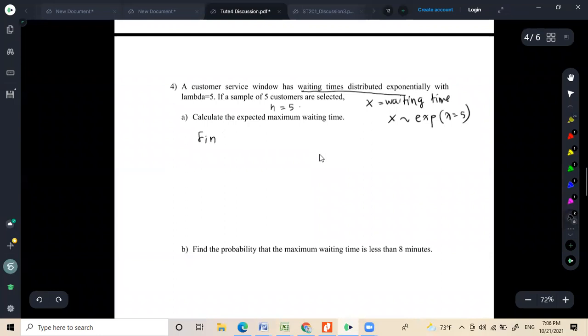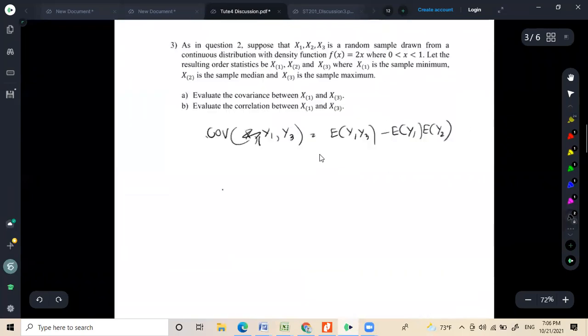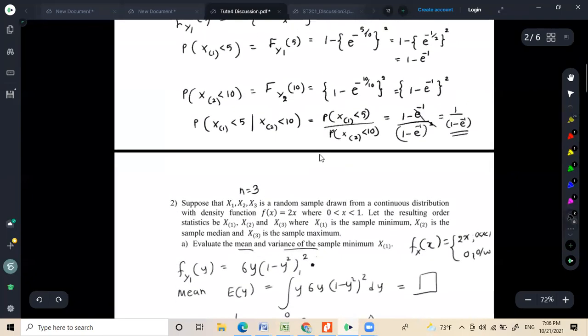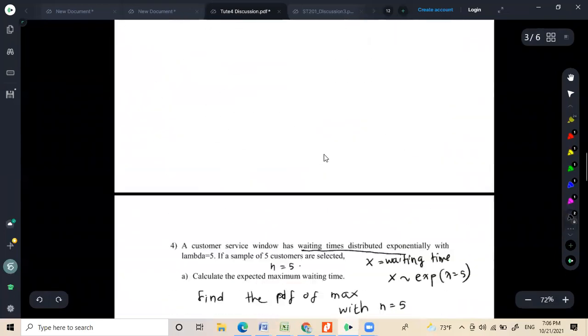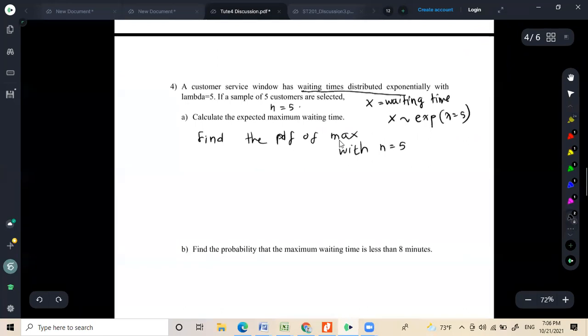So again, what do you have to do? First, find the PDF of the max. You can find it, right? You have to use n to be 5. You know the equation, PDF of the max, right? So find the PDF of the max with n equals 5, with lambda 5.